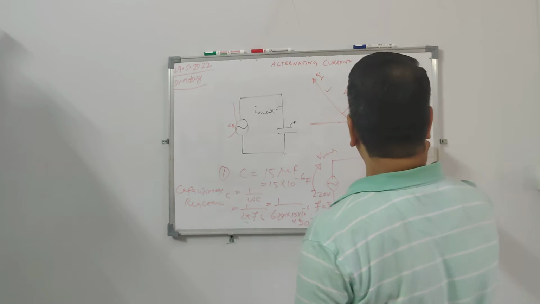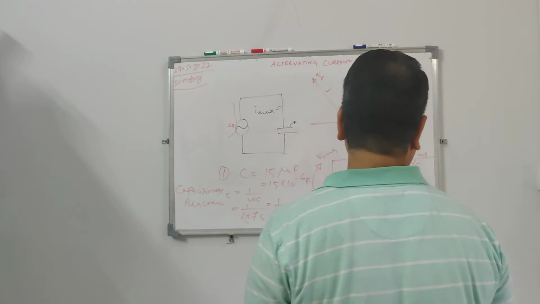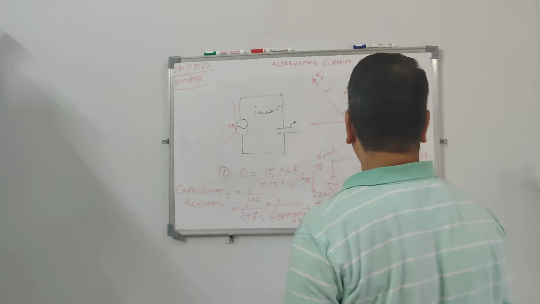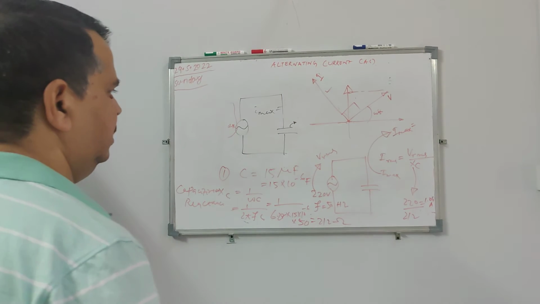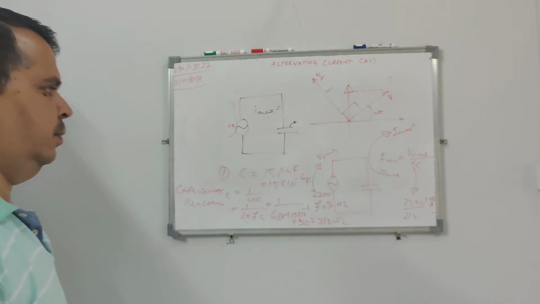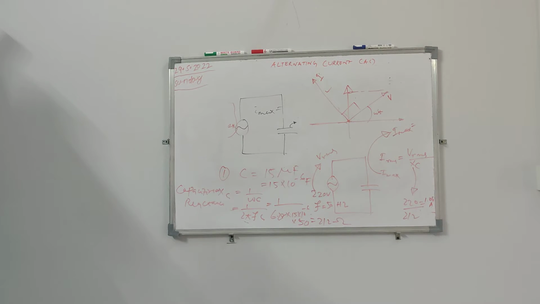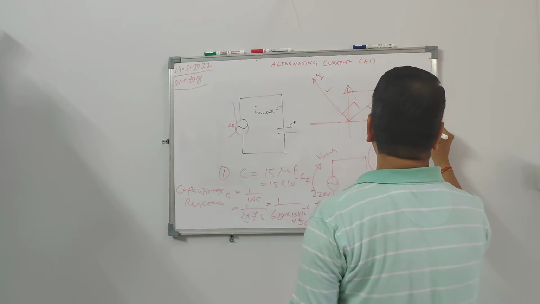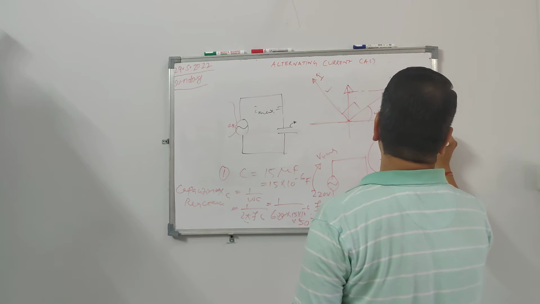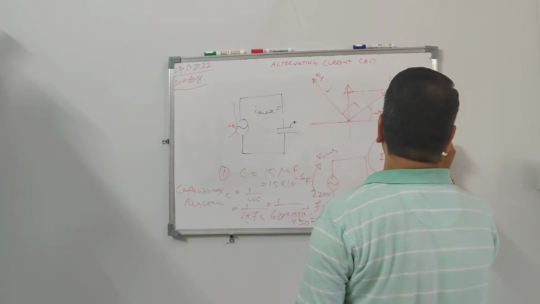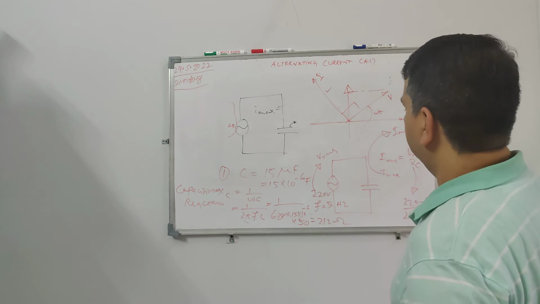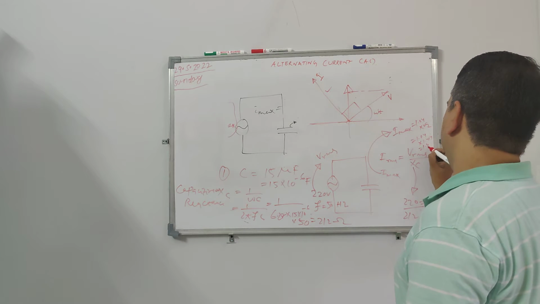Then they are asking for I max. The peak value means the maximum value, not the RMS value. So I max is root 2 times RMS, which is 1.04 into 1.414, giving 1.47.